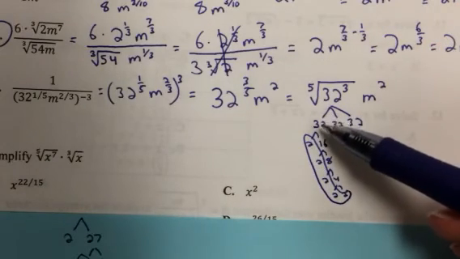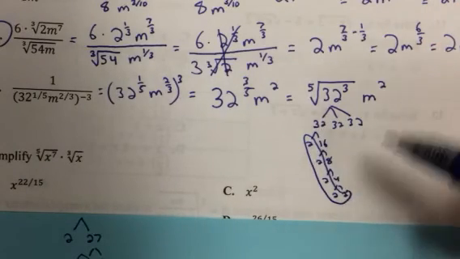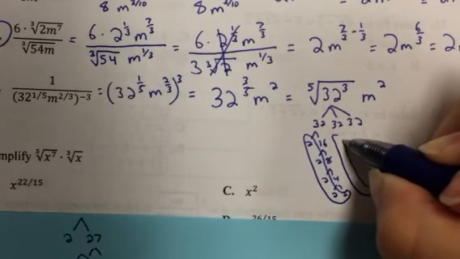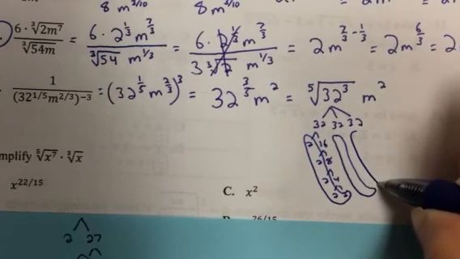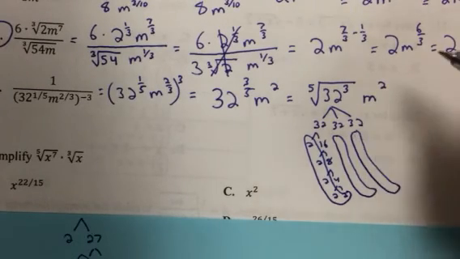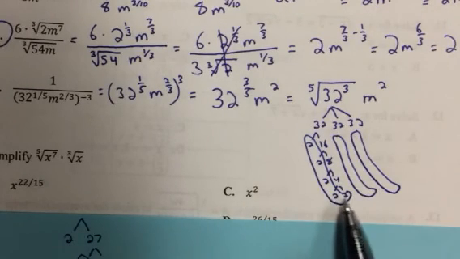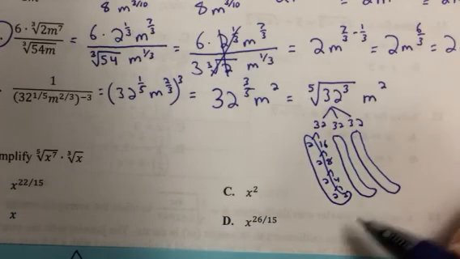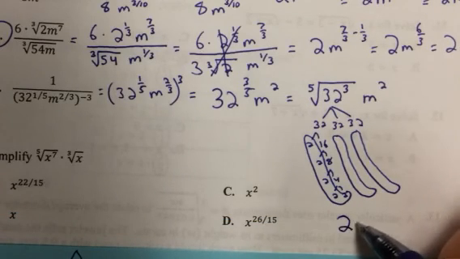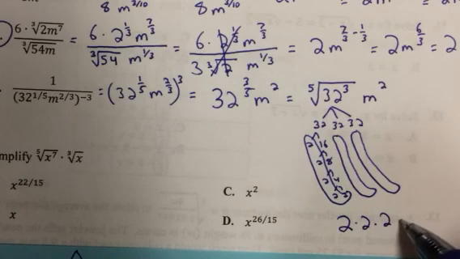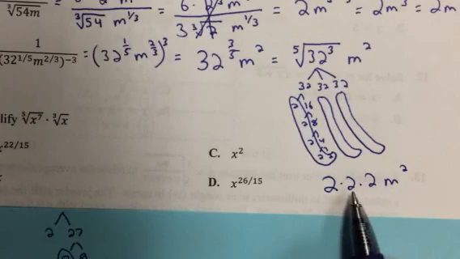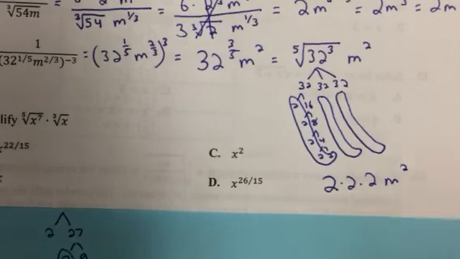So 32 is 2 to the fifth. This 32 is going to be another 2 to the fifth, and that 32 will be another 2 to the fifth. And so you can actually pull out 2, 2, and 2, and there's going to be nothing left. So it'll be 2 times 2 times 2. m squared is still hanging out, but that's not 2m squared, that's 8m squared, so it's not D.